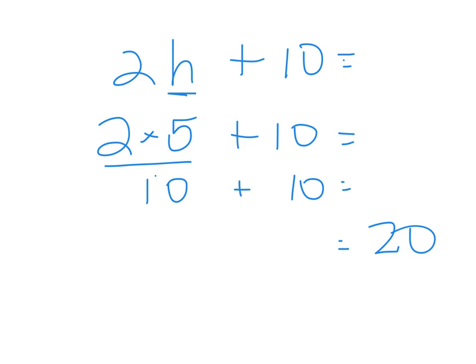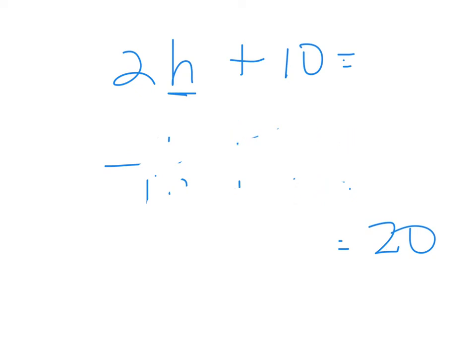Now, we don't even have to go back, but just for the sake of using the expression 2h plus 10 is equal to what? And if h is the number of hikes, I want you to solve for 10 hikes and tell me the answer without using a table right now. All right, hopefully you got your answer.